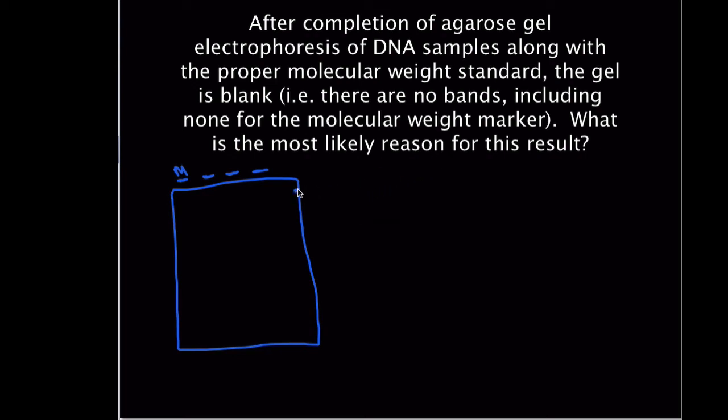So here are several reasons. If you get a completely blank gel, one possibility is that you did not stain. You forgot to put it in stain. If you don't stick it in ethidium bromide, you're not going to get any DNA to show up. So that's one reason you might not get any bands at all.